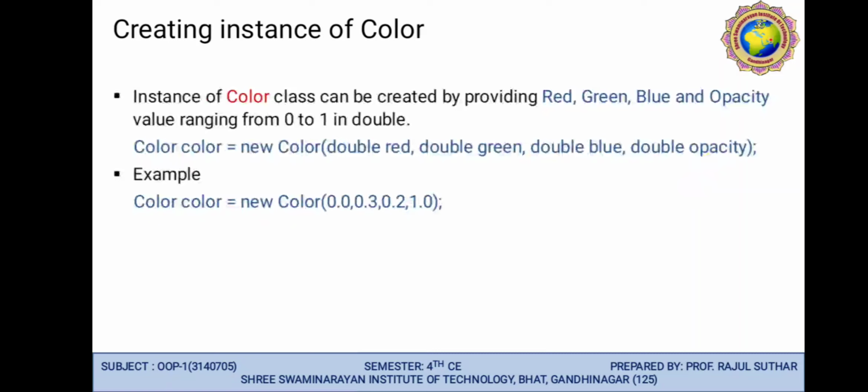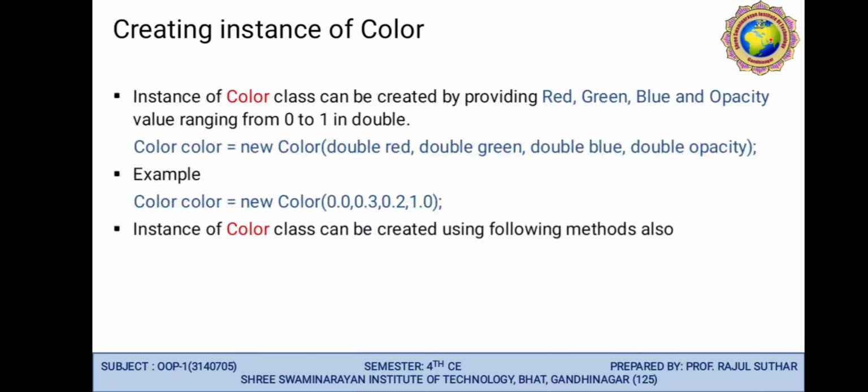For the instance we write color equals new Color, with the value of each color in double data type: double red, double green, double blue, and opacity also takes one double value. Here is one example: new Color, the first value is red, 0.0, second 0.3 for green, 0.2 used for blue, and the opacity value from 0 to 1, here we indicate 1.0.